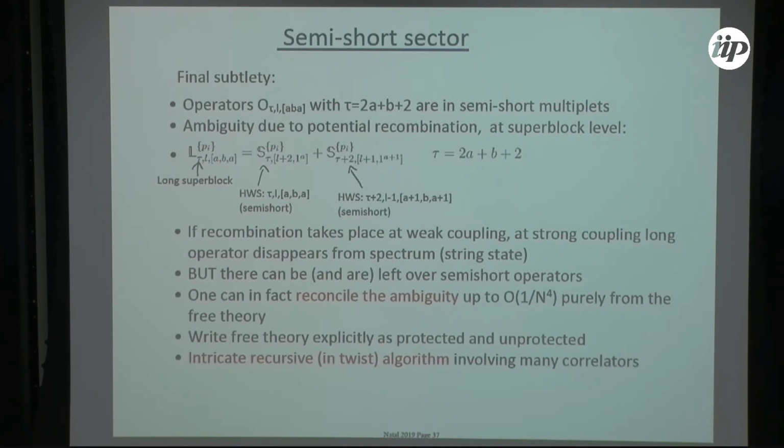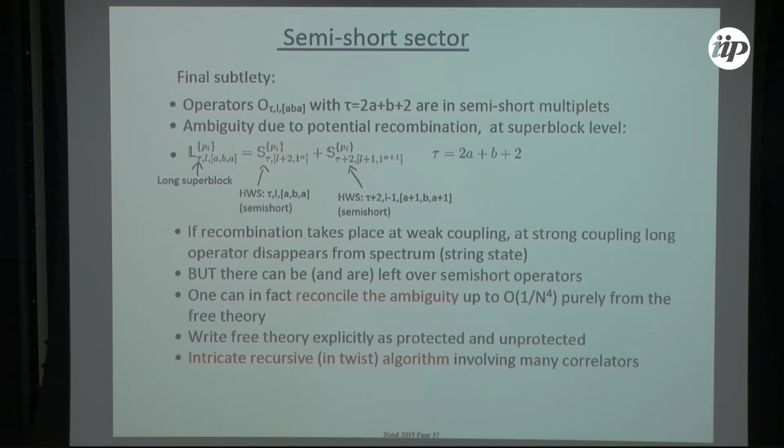Now, there's another subtlety, which is the so-called semi-short sector, which again you don't see in the 2222 case. And there's a long story. There's a lot of arguments about these operators. But the basic point is that naively there's an ambiguity, because there are operators in short multiplets.